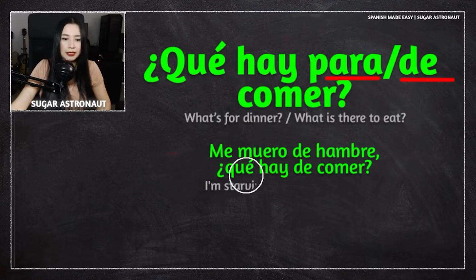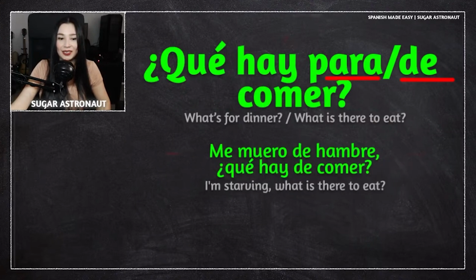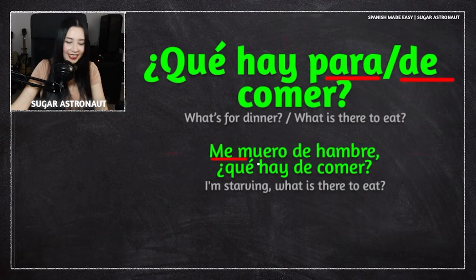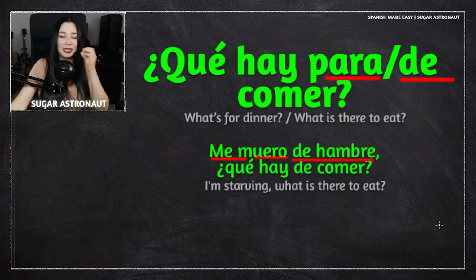So this means I'm starving. What is there to eat? Or what's for dinner if it's dinner time? So me muero de hambre. This literally means I am dying from hunger. Okay, this is what this expression means.